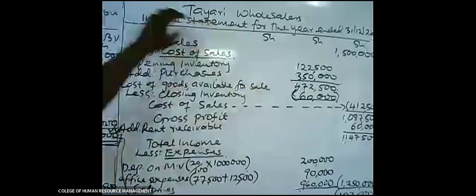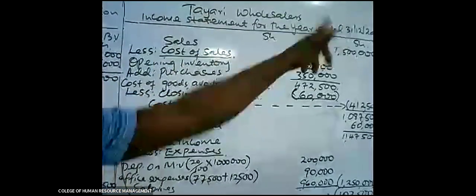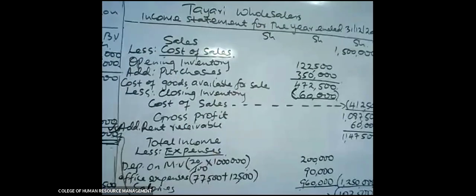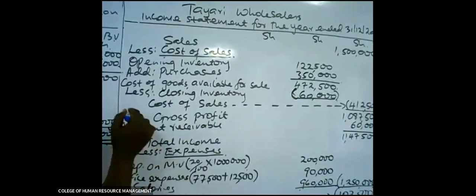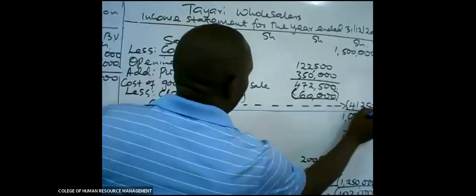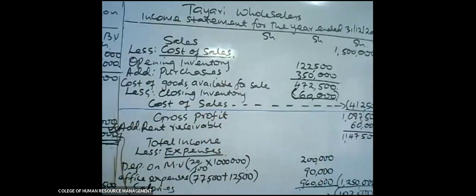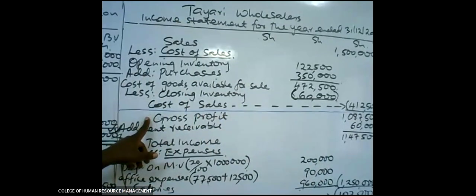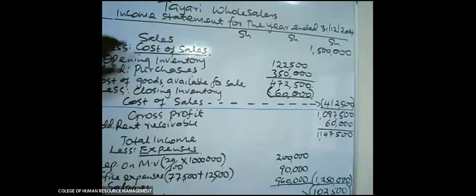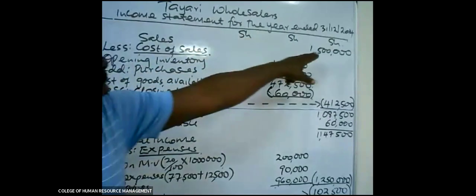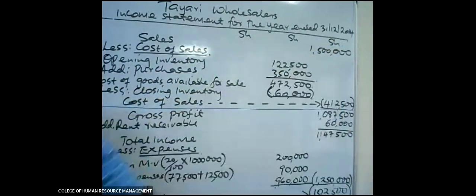The heading should be the same. You write the name of the business, the income statement for the year ended, and capture the date. But now you start from here, from the gross profit. Instead of starting with sales, you will just capture gross profit and put the figure of the gross profit that is in the question.